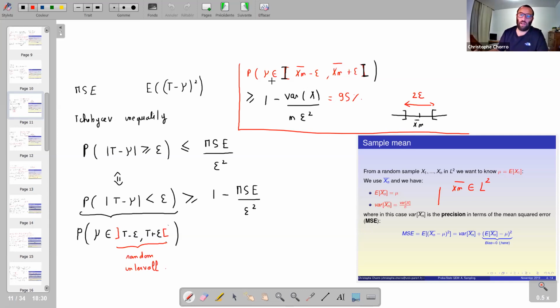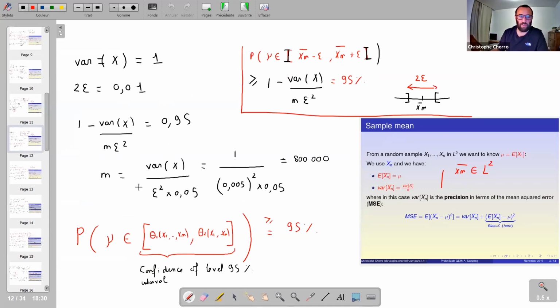Because I know the mean square error relative to the sample mean that approximates the mean. And then I have done a little numerical example in this situation where, in order to obtain a confidence interval of this level, if I fix my size of the confidence interval to be, as previously, 0.01, I need to take an n equal to 800,000.